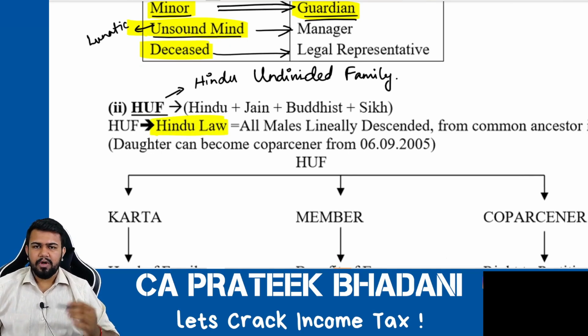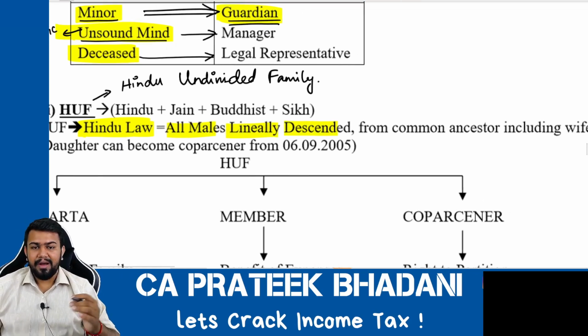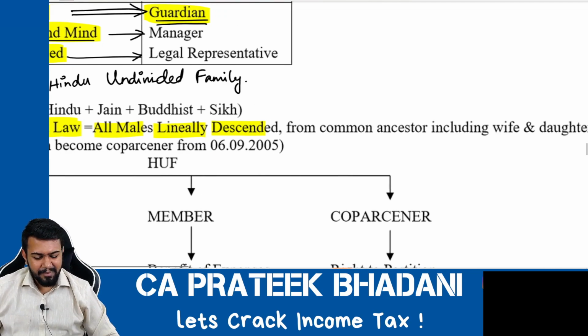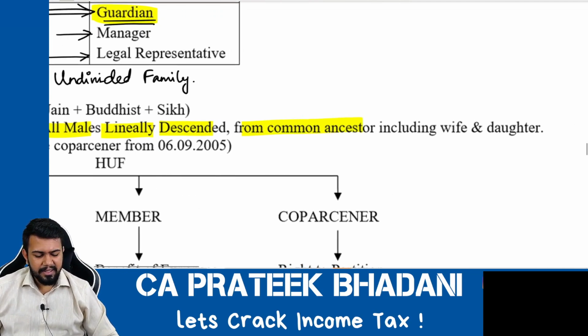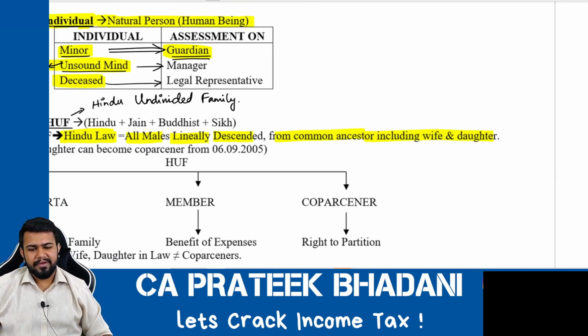As per the Hindu law, Hindu undivided family means all males lineally descended from a common ancestor, including wife and daughter.